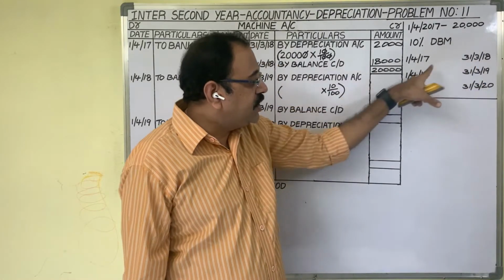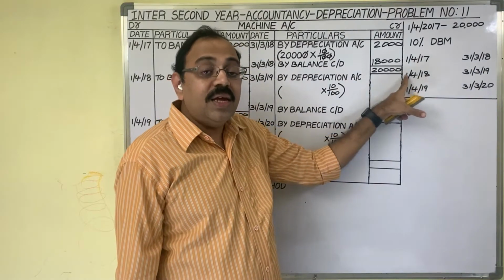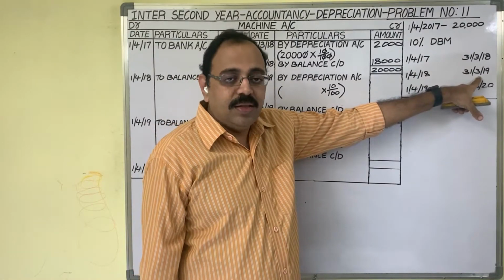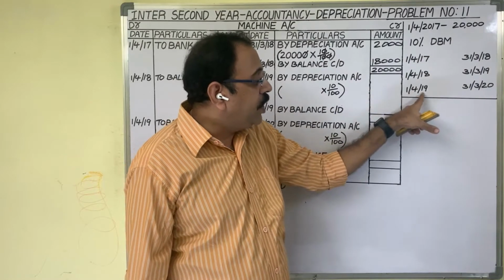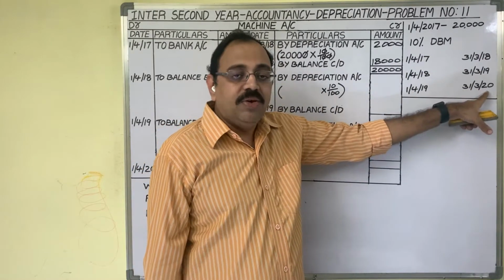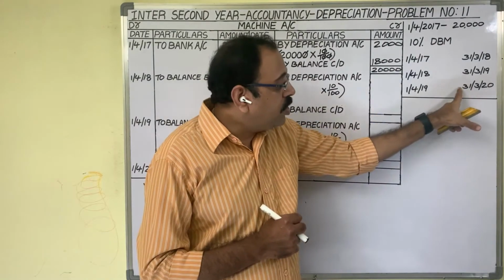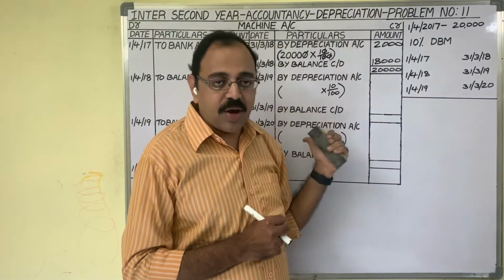The immediate next date is 1st April 2018, and the second year ends on 31st March 19. For the third year, it is 1st April 19 to 31st March 20. He is asking us to show the asset account for 3 years, so up to 31st March 2020 we should prepare the asset account.